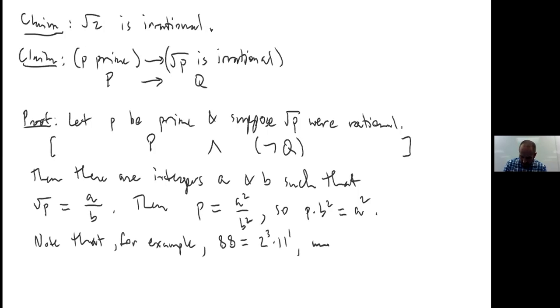And so 88 squared is equal to, okay, so what's going to happen when I square 88? What happens to the prime factorization of 88? All of those primes get doubled in quantity, yes? So it's going to be 2, not to the third anymore, but 2 to the 6th times 11 to the 2nd, okay?